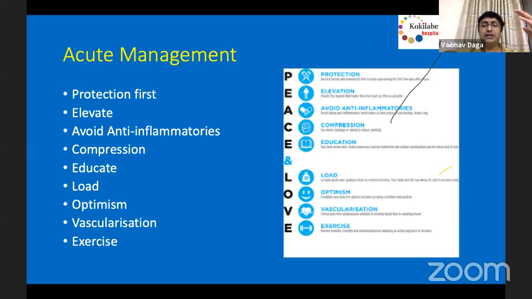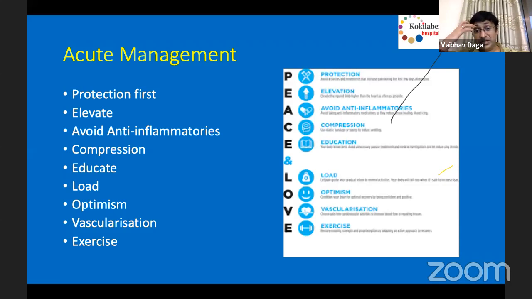The load has to be a very optimal load. It should not be that there is no load, but a very optimal one. As you progress on the pain, the swelling and the initial inflammatory issues, the load has to be graded accordingly. There should be a lot of optimism about the management ahead.